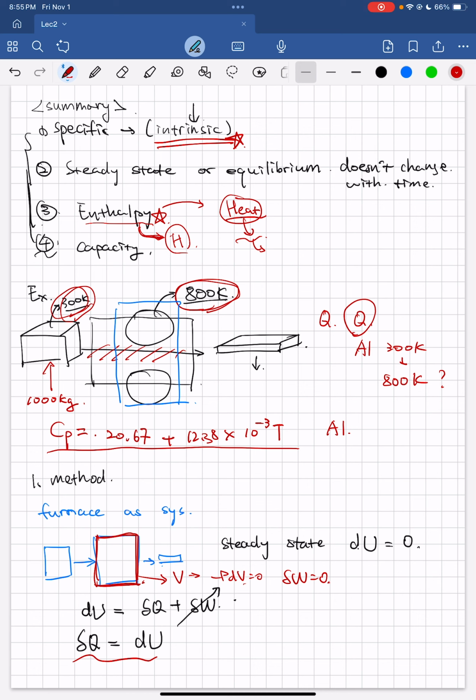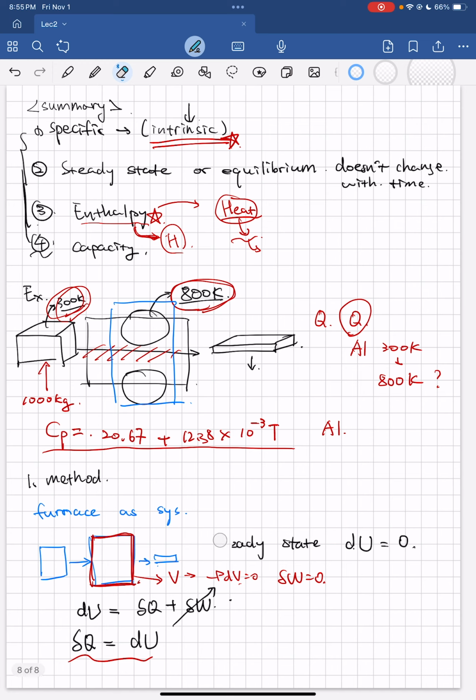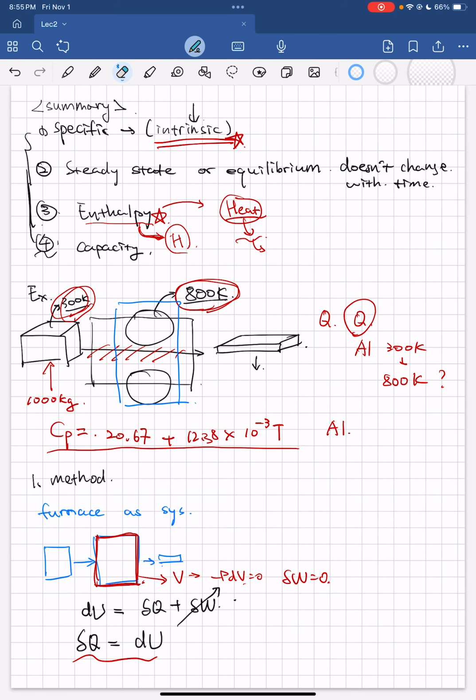Wait, I made a mistake, sorry. There's no need for this. Sorry, my bad. The point here is that for this system del W equals 0, so del Q is equal to dU.